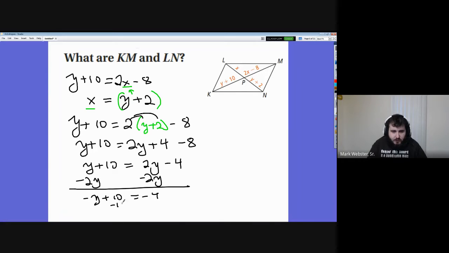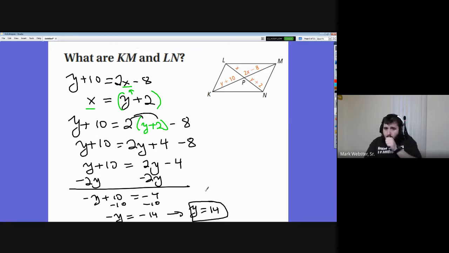Subtract the 10 from both sides. And then we can divide by negative 1. If negative y equals negative 14, then we know y here equals 14. Now, since y equals 14, we can go back and we can find x really easy. 14 and 2 make 16, right?